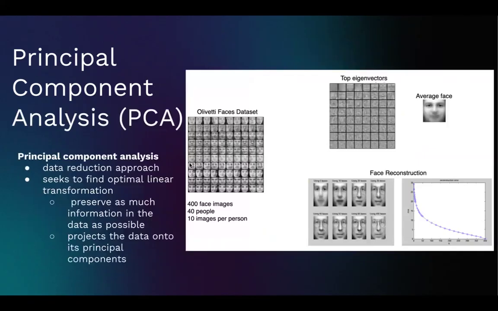So PCA is basically a data reduction approach that seeks to find the optimal representation or projection of the data onto its principal components. The goal is to preserve as much information as possible in the data.